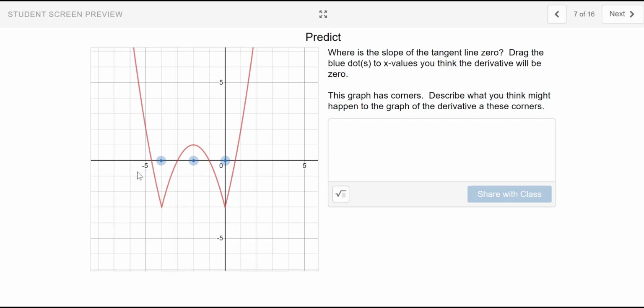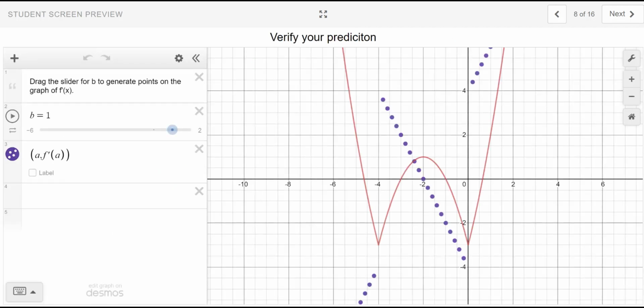So I often see students guess these, but as we move on to the verify page, and if we take away those points from the derivative and then slowly bring them back, we'll see along here we have decreasing our original function. Our derivative has negative values. That's to be expected. But as soon as we hit -4, where we change directions and go from decreasing to increasing, we jump.